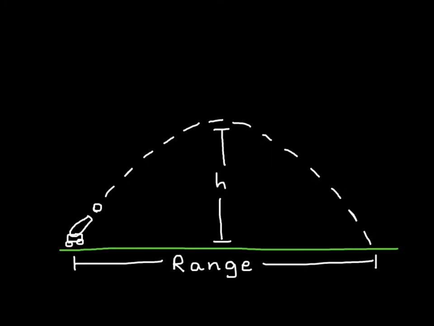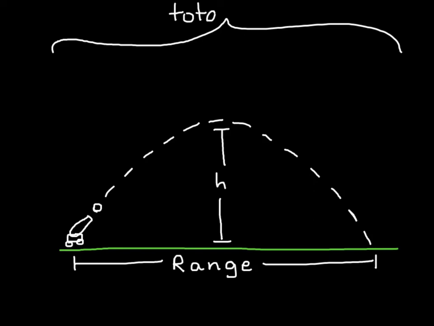And the time could be either the total time for the whole flight, or you can sometimes describe the time to the peak or to the top of the path.